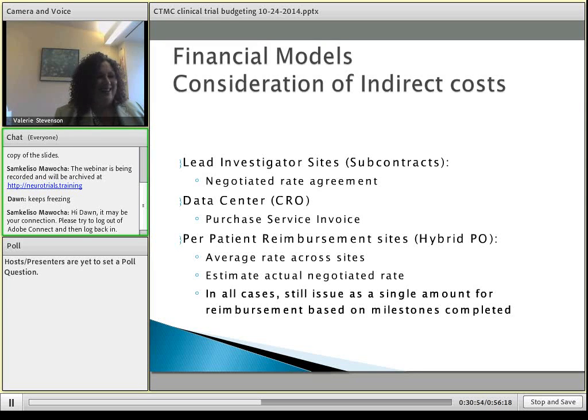And then we have the per patient reimbursement rates, which are kind of a hybrid between a subcontract and a procurement transaction where you just provide a flat rate payment. So if the institution accepts and chooses to participate, they receive a flat rate payment.